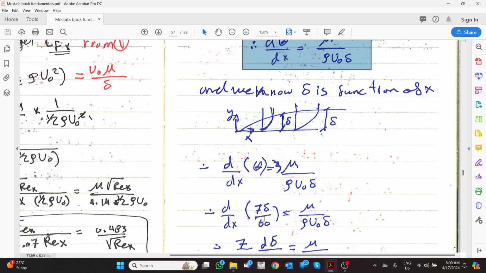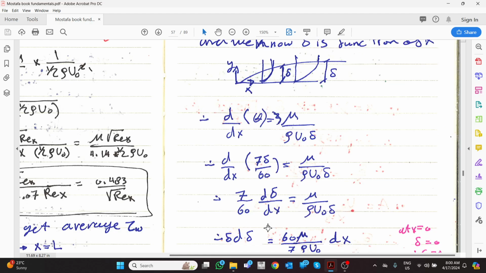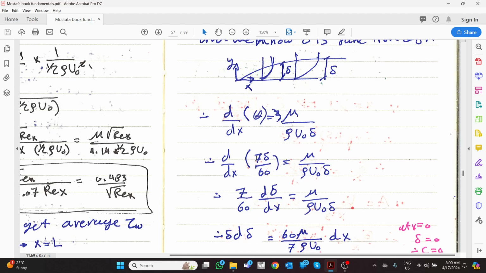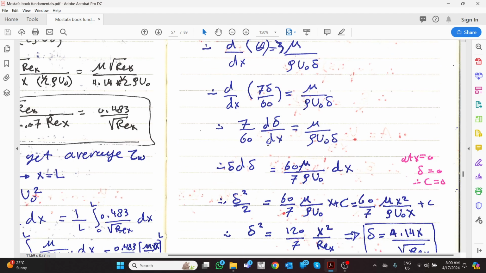So write the theta equation, which is 7 delta over 60. Then 7 and 60 are constants, put them outside. So d delta by dx equals mu over rho u naught. Always we're going to do this technique. So now you can put dx here and d delta here.